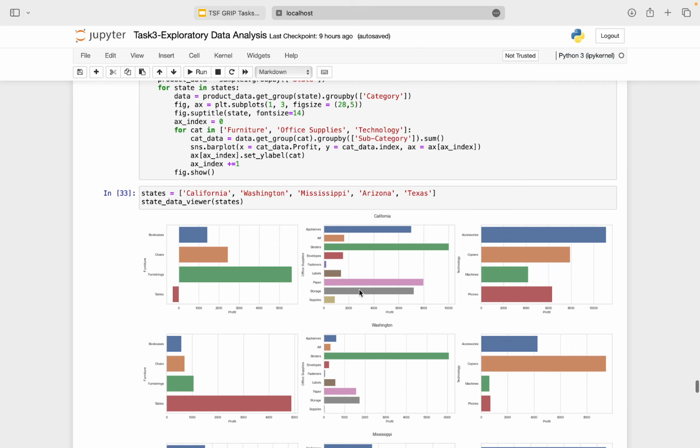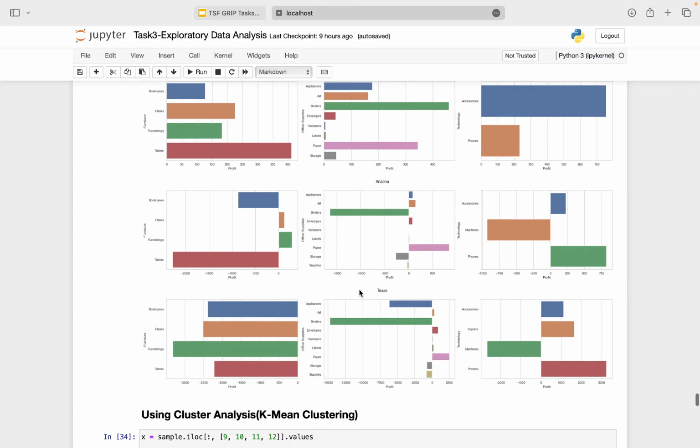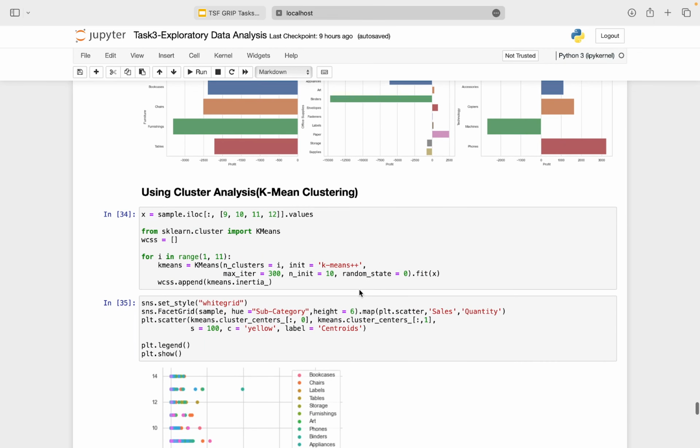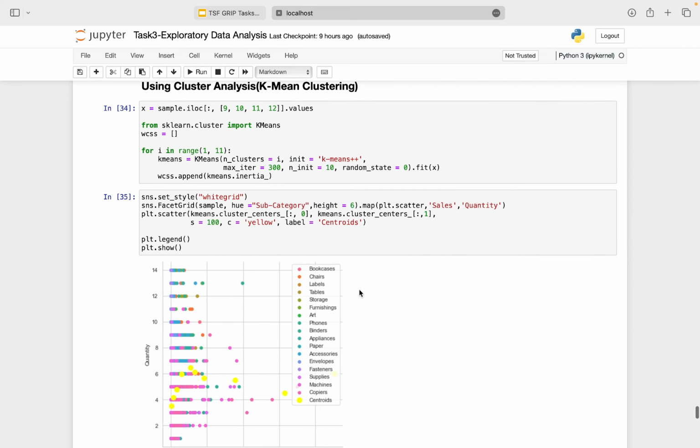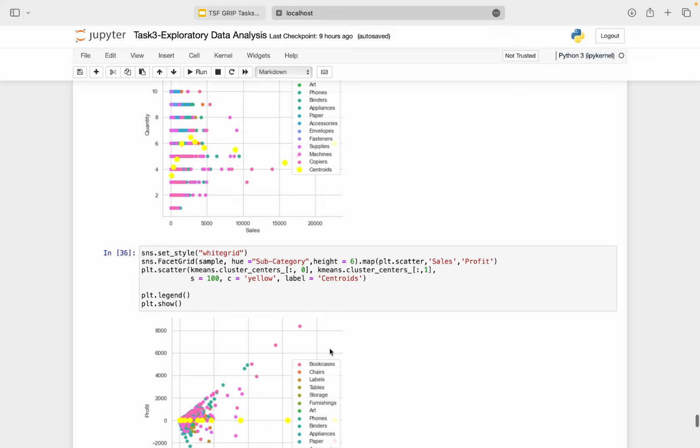From here we see the states California, Washington, Mississippi, Arizona and Texas. Then applying a very popular machine learning algorithm which goes by the name of k-means clustering, we try to find the sales versus the quantity and we plot it for the various products or categories.